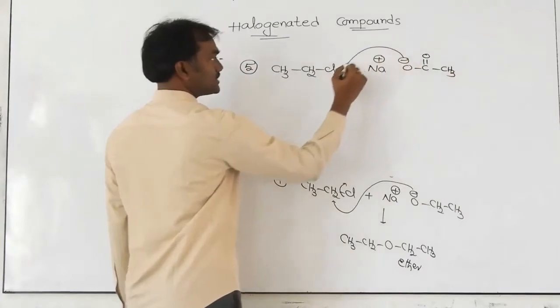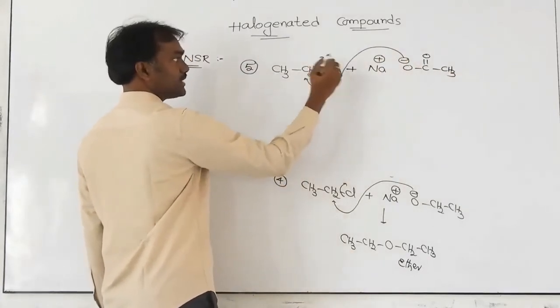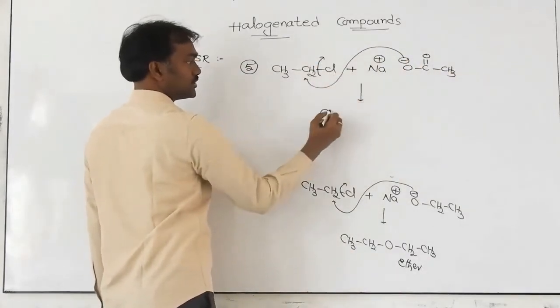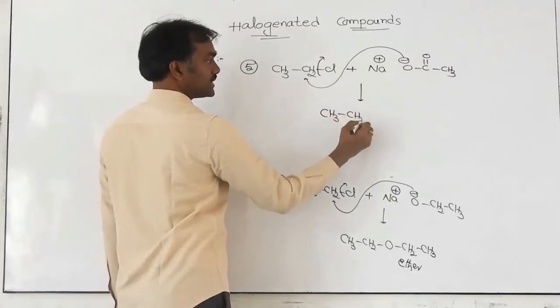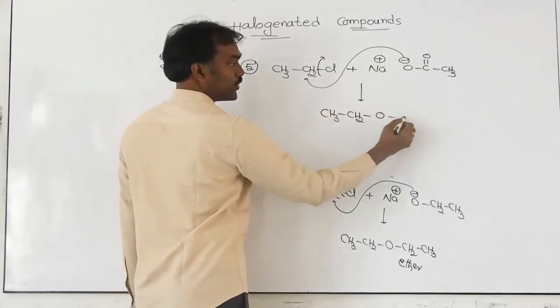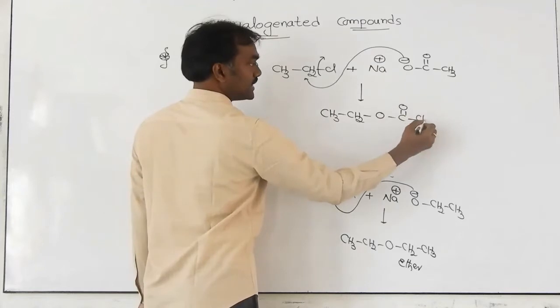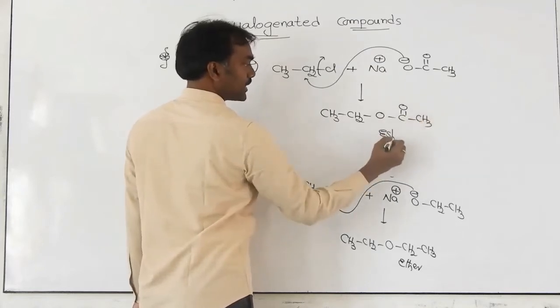Sodium acetate: a nucleophile is coming, another nucleophile is going. So you are getting CH3CH2OCOCH3, an ester.